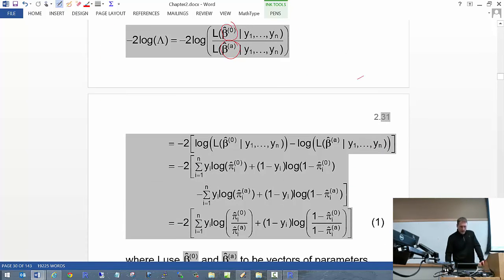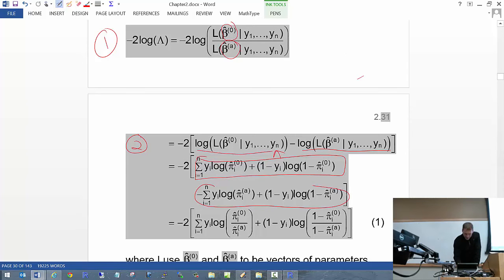So what that looks like then, if I do some simple algebra using properties of logarithms, I can break this fraction up into two different components here. So we can say maybe that's step 2. This is step 1. And then let's actually put in what the likelihood function is. But we substitute now the estimated parameters for the actual true parameters. So here is my maximum possible value of the likelihood function under the H0 model, and the maximum possible value under the HA model.